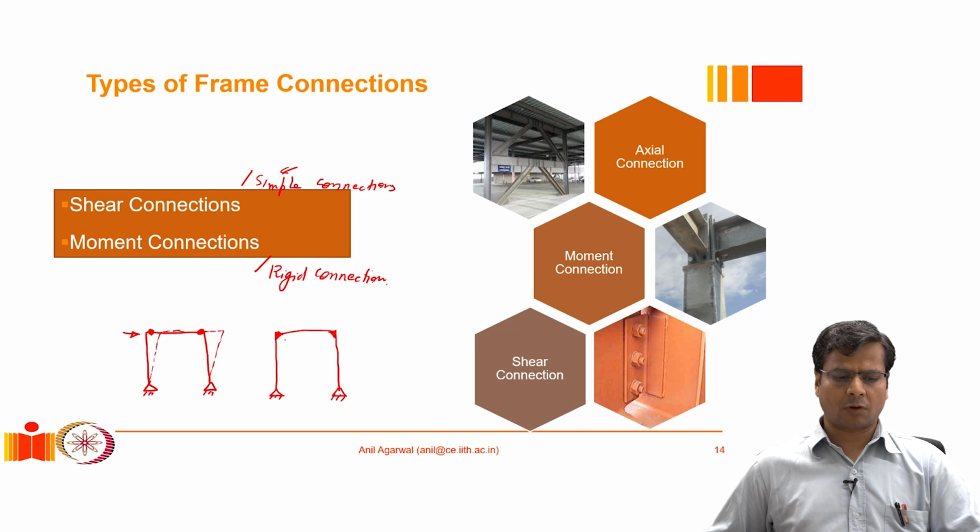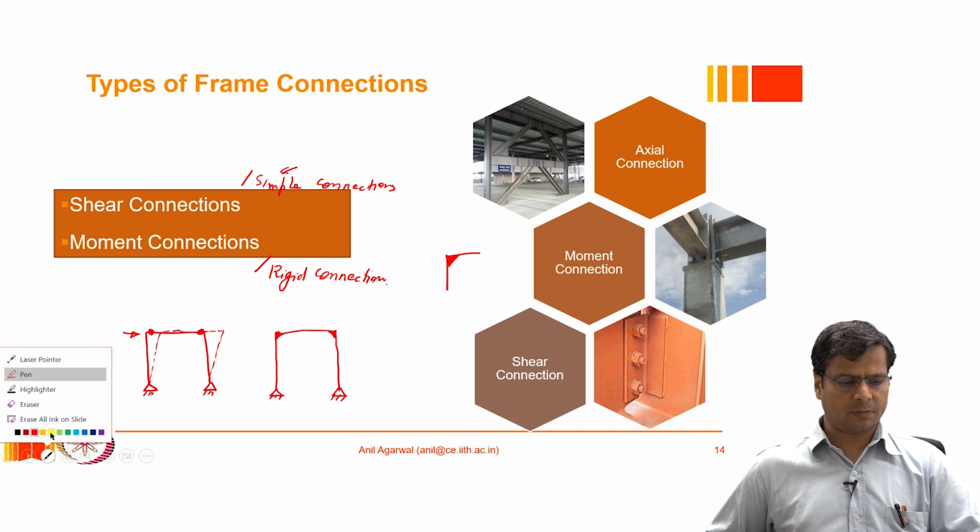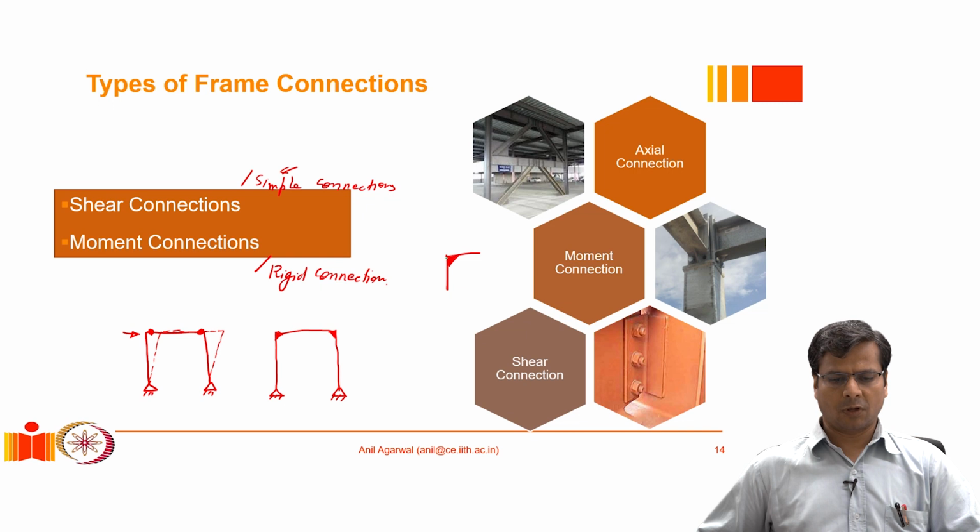So wherever there is a rigid connection, if the column wanted to rotate by a certain angle theta, the beam also has to rotate by that same angle theta, so that the angle between the beam and the column does not change. And that is the definition of a rigid connection.